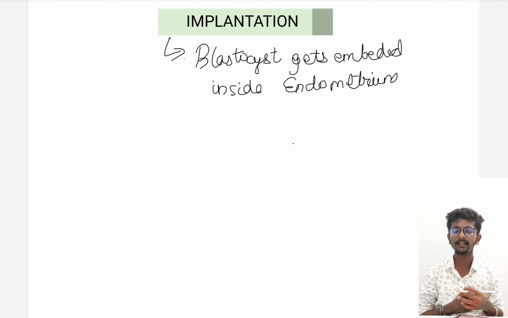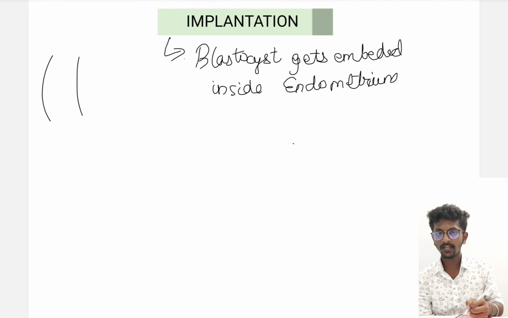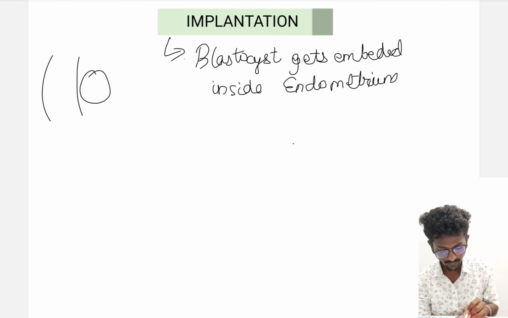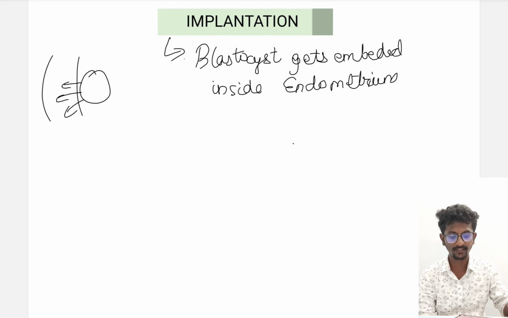This is called implantation. Means what? Assume that this is the endometrium and this is the blastocyst. So this blastocyst will go entirely inside this endometrial layer. This is called implantation.